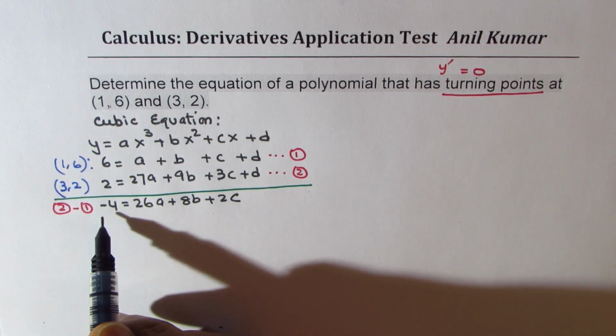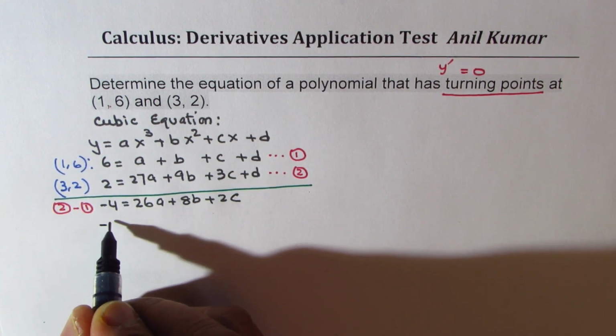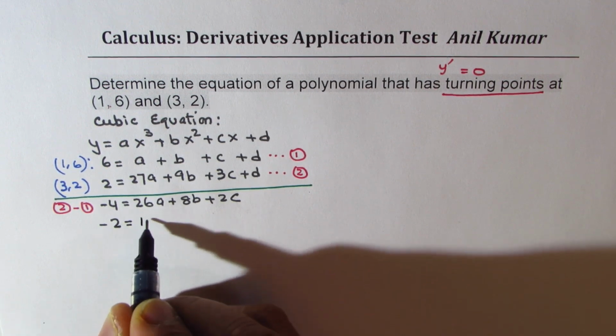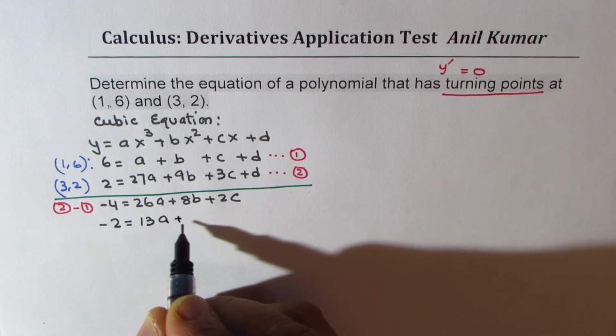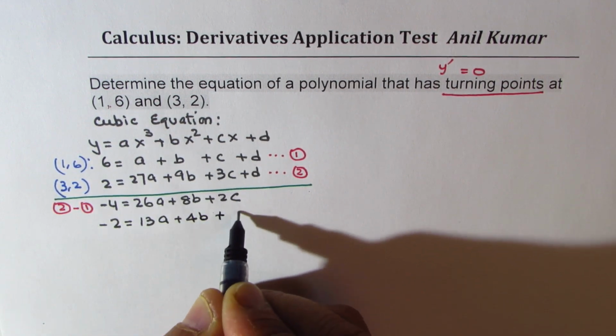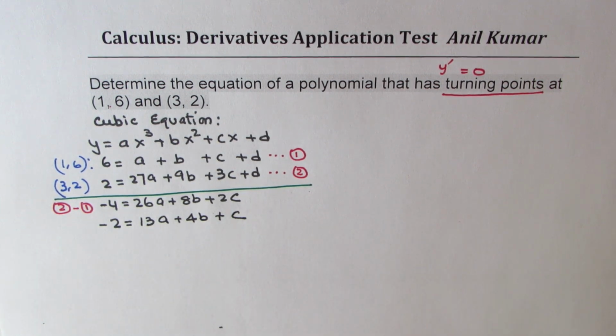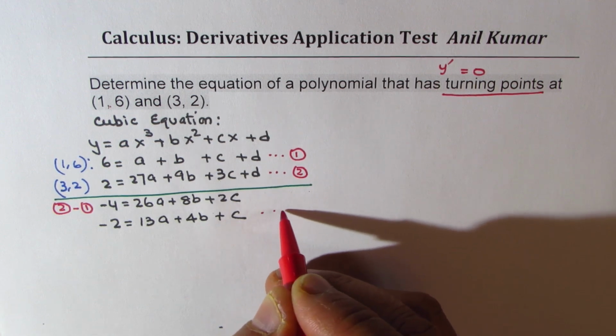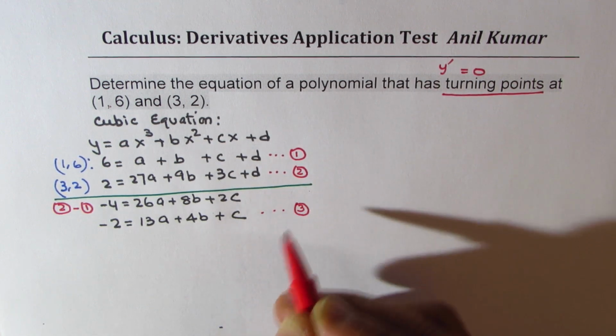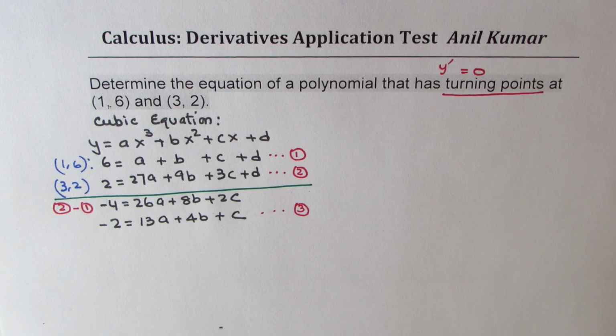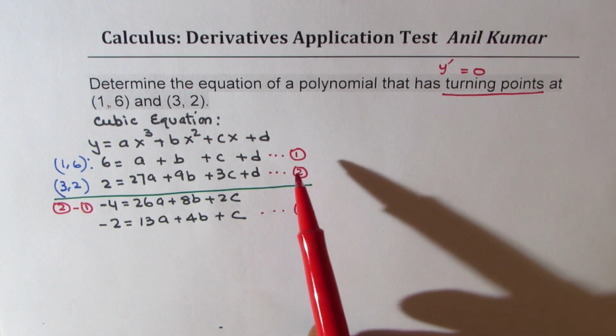Let's divide it by 2. So we get minus 2 equals 13a plus 4b plus c, right? So this equation we can number as our equation number 3, which we got as a result of working with equation 1 and 2.